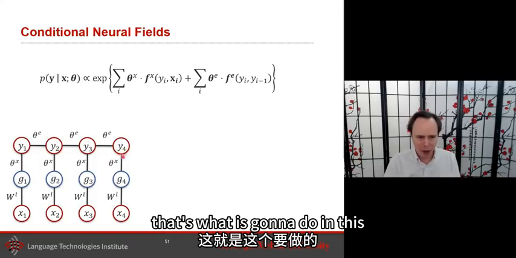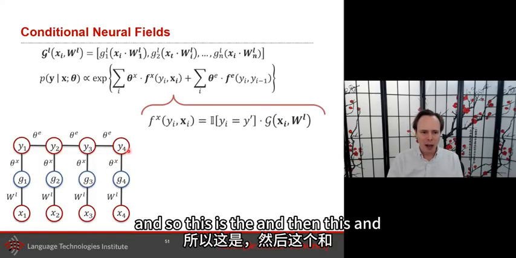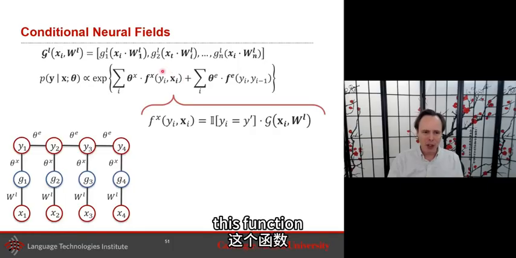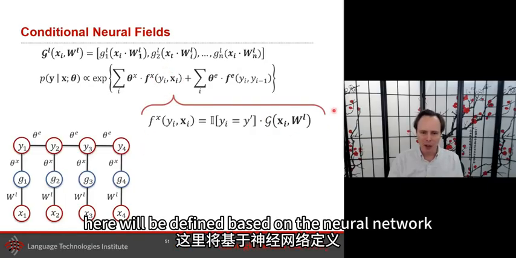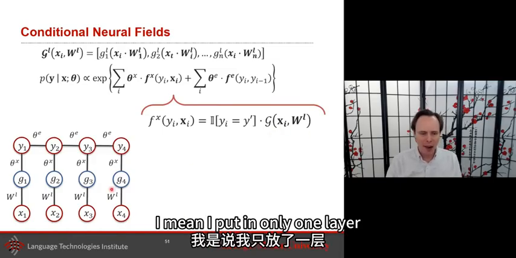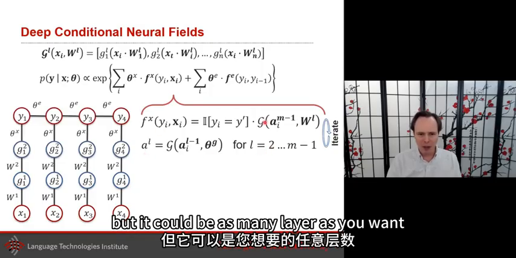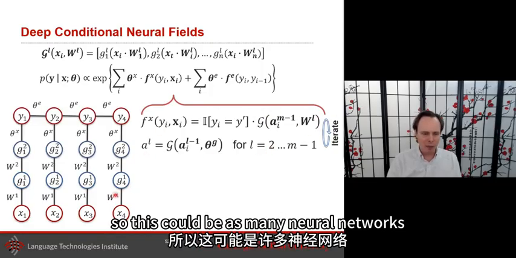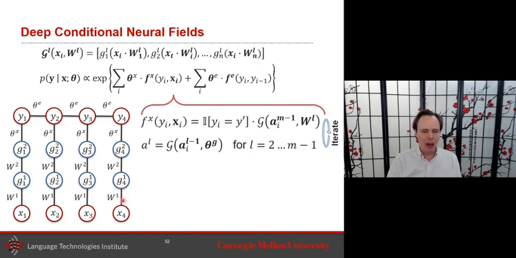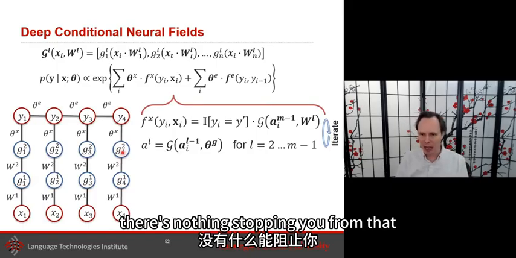That's what it's going to do. This function here will be defined based on the neural network. And here, this could be as complex as you want. I only put one layer, but it could be as many neural network layers as you want. There's nothing stopping you from that.